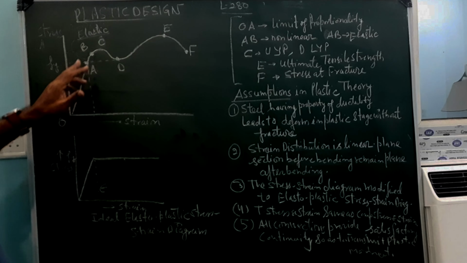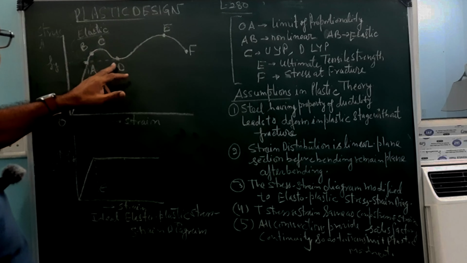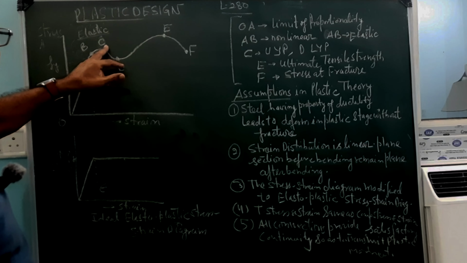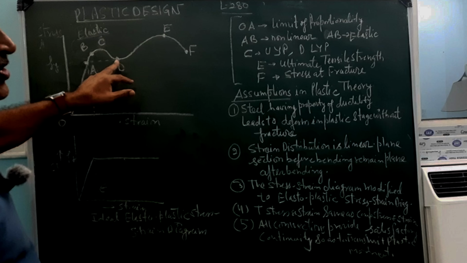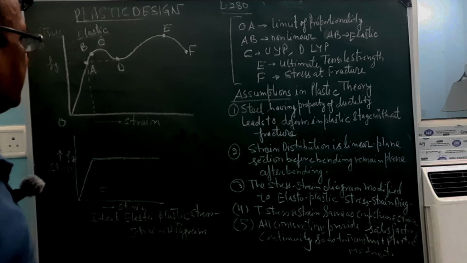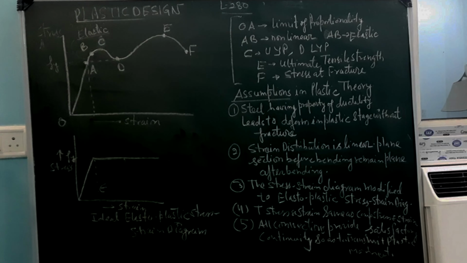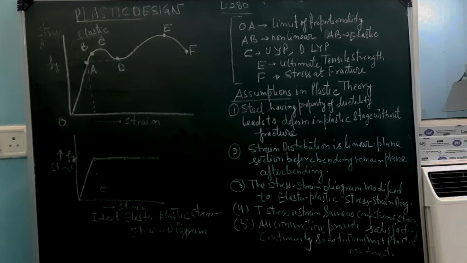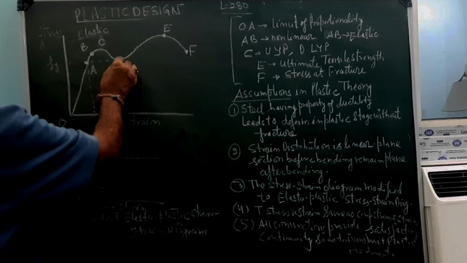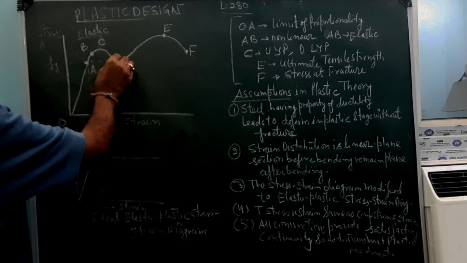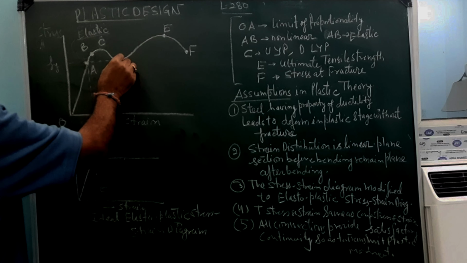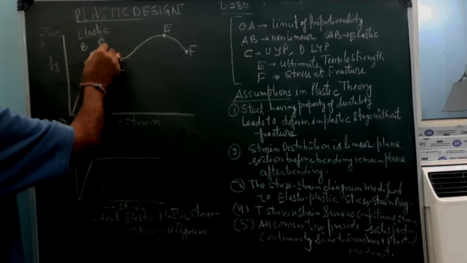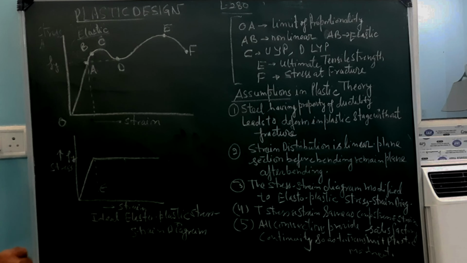So in this process you will find that one is upper limit point and one is another point which is less value in terms of your stress, but the strain is different. Here the strain is somewhat more in respect to upper yield point. The strain variation will be slightly higher.